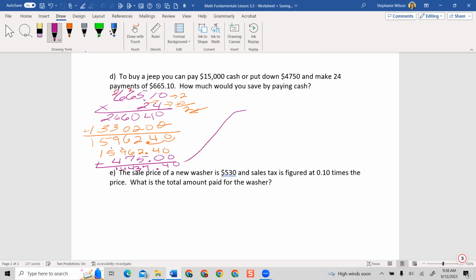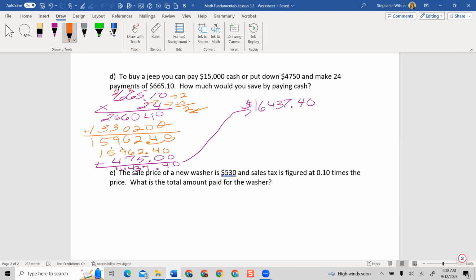So I'm just going to be a little neater and bring it over here. So it's going to be a total of $16,437.40.